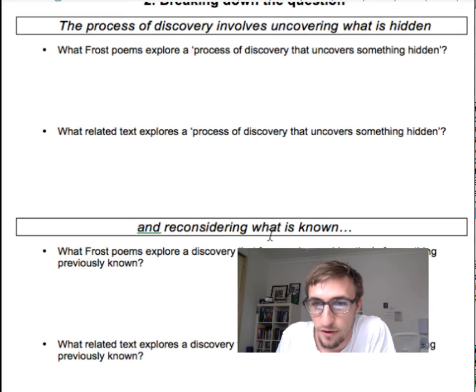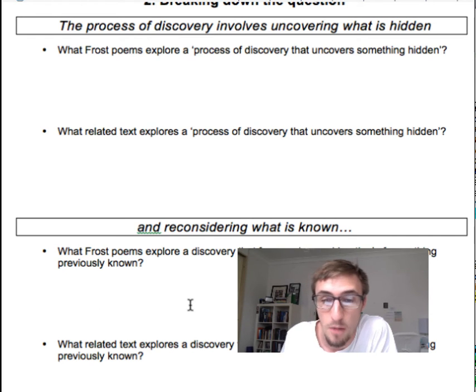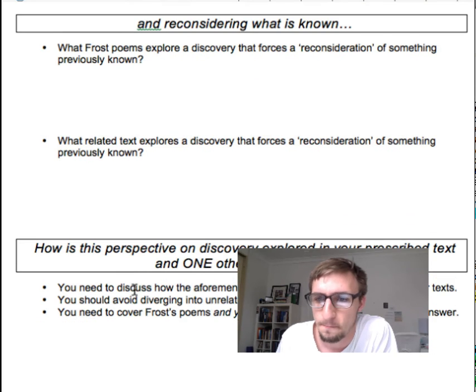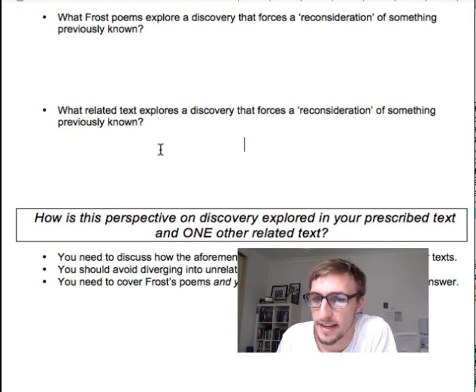You may actually find in this part that some of the text that you put here may be different or the same to some of the text here. And if you have a match where you write down, well, Stopping by Woods on a Snowy Evening, I've got this in both of the categories, then it might be a text that you want to choose for this essay task. So go through and answer these questions. You already have, if you were in class when we were here, and the same for the related text part.